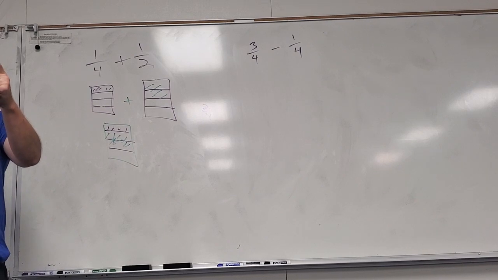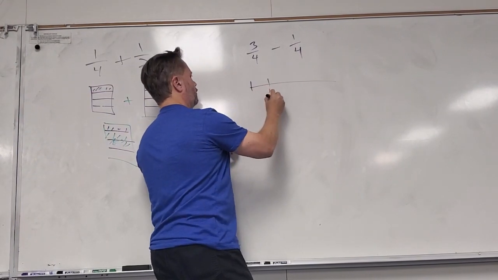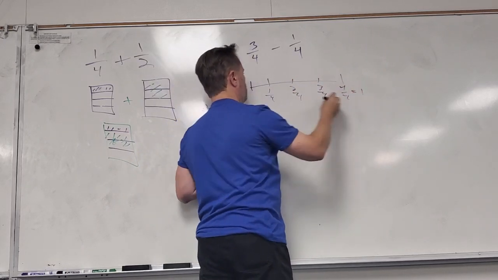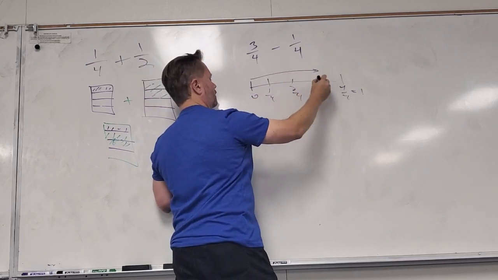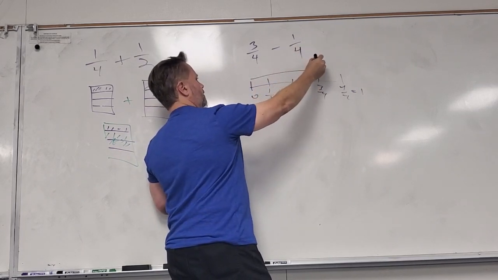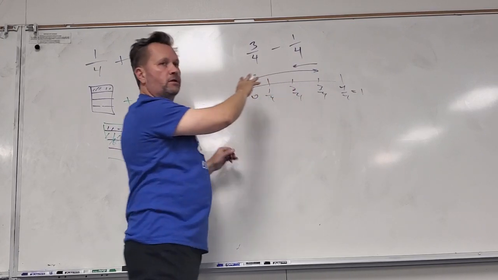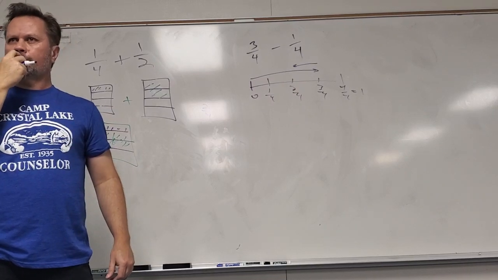Yes. You do like a number line. Okay, you could do a number line, sure, I like it. 1/4, 2/4, 3/4, 4/4, 1. So you start at 3/4, and then you go back 1/4. I mean, that's the way I was thinking about it, right? Does that make sense? Okay.